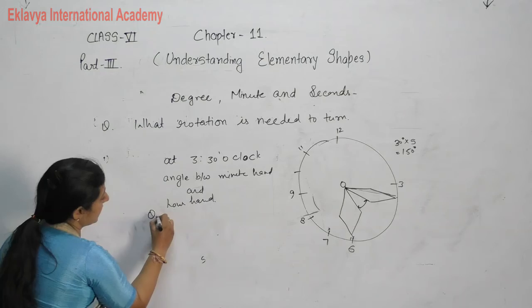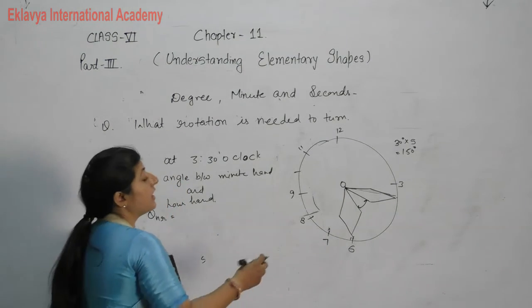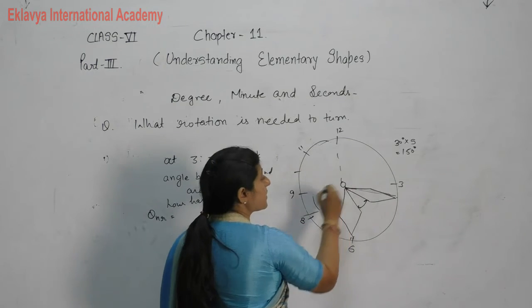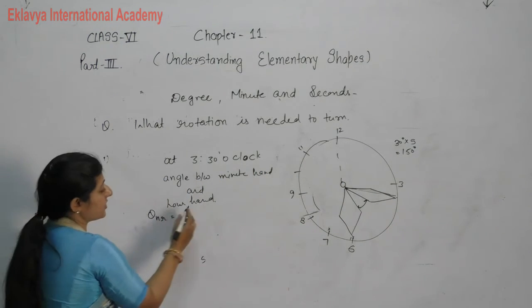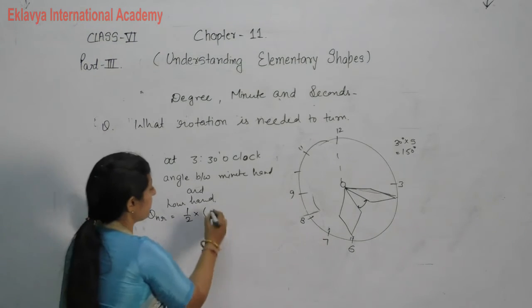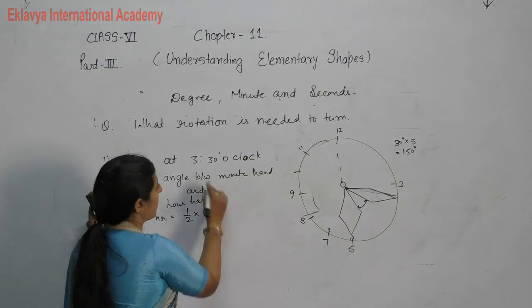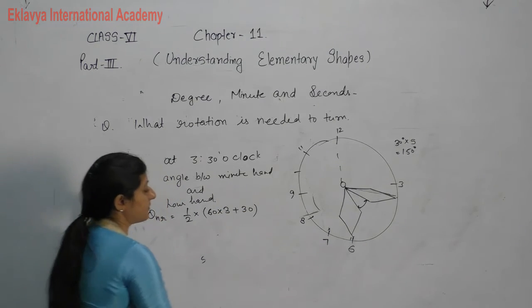See, theta hour, how many degrees of angle does the hour hand make? This is all measured from this 12 in clockwise direction. Hour hand how much? That is 1 by 2 into 60 multiplied by 3 plus minute 30.